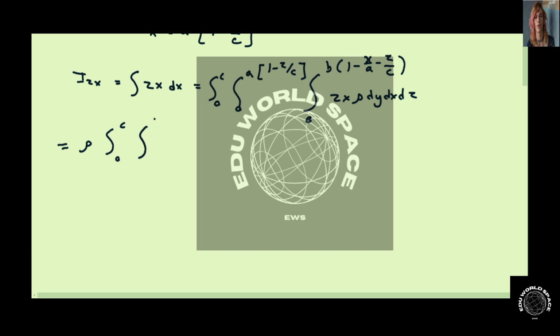We have the integral from 0 to c, 0 to a(1 minus z/c), 0 to b(1 minus x/a minus z/c), zx dy dx dz.